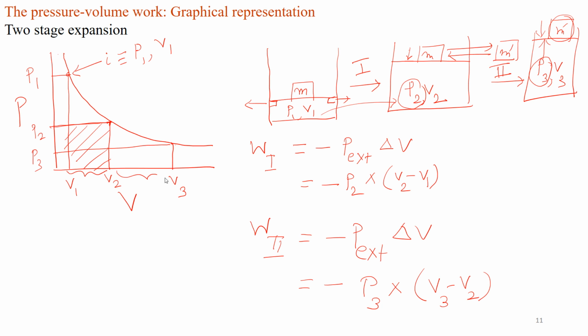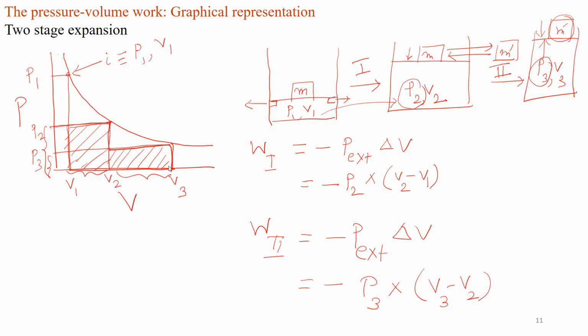So this is V3 minus V2, and this is P3, and this is P2. The area under the curve is the work done. So the net work done, you can see, is this shaded area, this entire area. So what we learned?